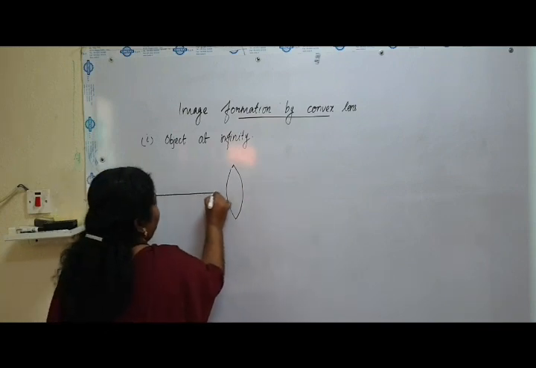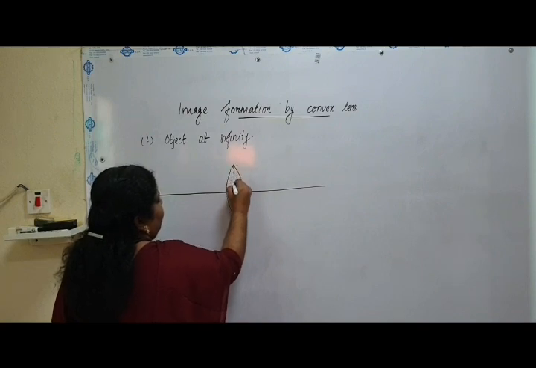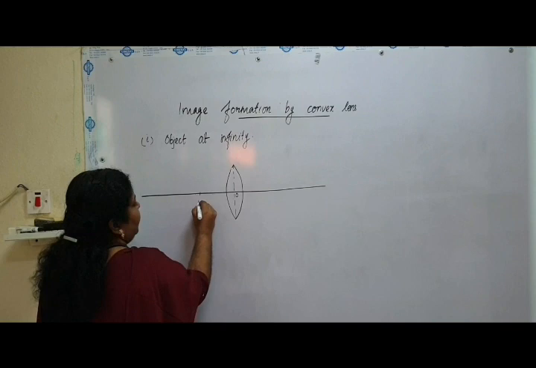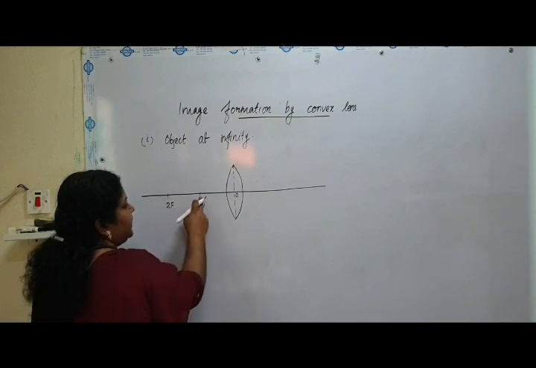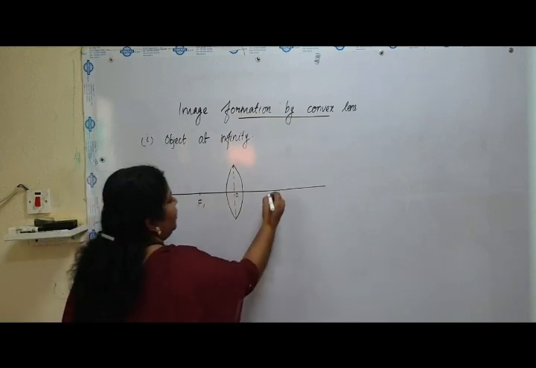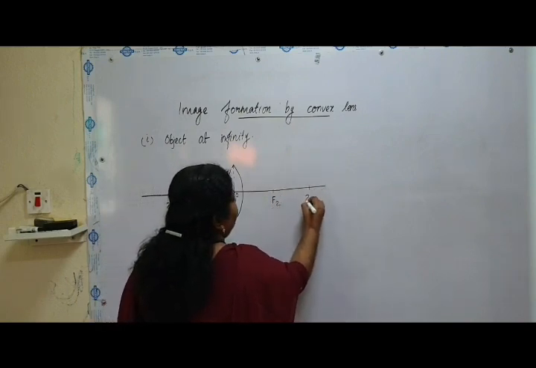Now the principal axis. Next, draw dotted line. This is the optical center. Here F1, here 2F1. When you are drawing, make sure that this F1 is the midpoint of these 2 points. Okay. Now here there will be F2 and here there will be 2F2.